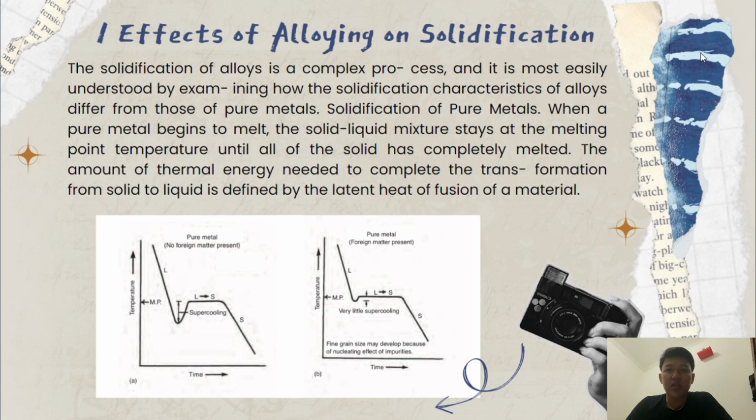Solidification of pure metals: when a pure metal begins to melt, the solid-liquid mixture stays at the melting point temperature until all of the solid has completely melted. The amount of thermal energy needed to complete the transformation from solid to liquid is a function of the latent heat of fusion of the material.